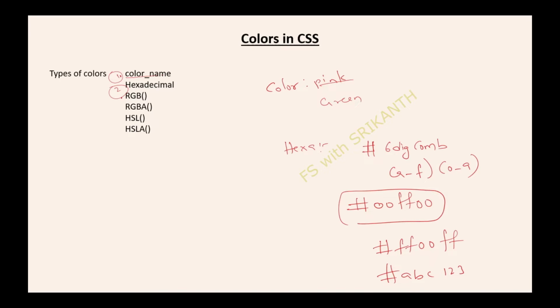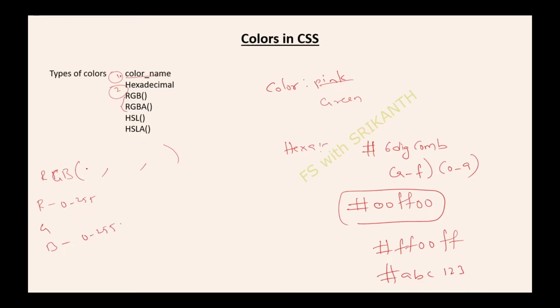And the next one is RGB. RGB is one of the methods: red, green, blue combination. It has 3 values. The first value is red, the second value is green, and the third value is blue. The red value is 0 to 255, and green and blue also have 0 to 255.